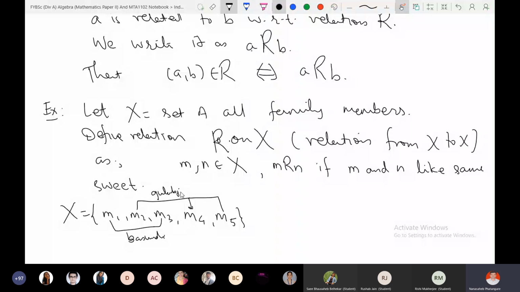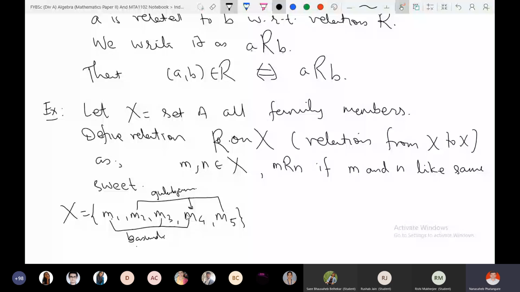M2 likes Gulab Jamun and M1 likes Basundi, but M1 and M2 do not like the same sweet. It may happen that M4 also likes Basundi, because some members may like both of the sweets.